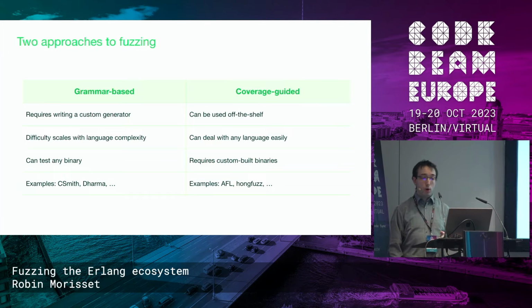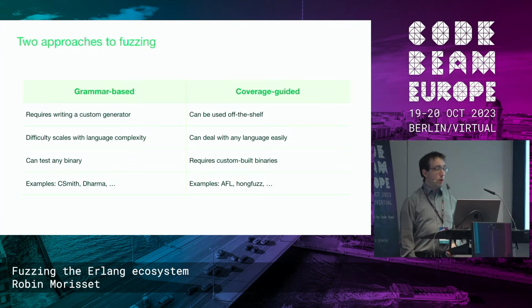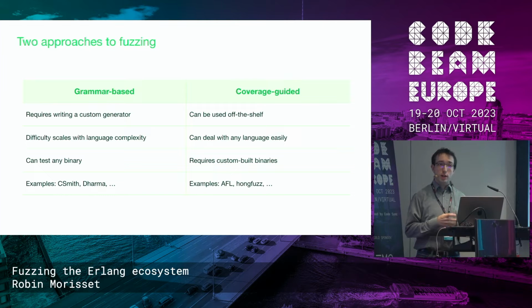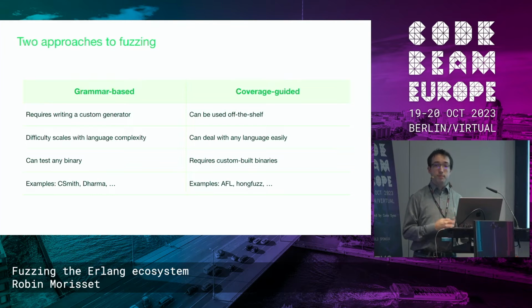The other approach, which is possibly more popular, is to use an off-the-shelf tool that generates random streams of bytes and gets coverage information from whatever is being tested to find what sequences of bytes go deeper into the binary that you're testing.